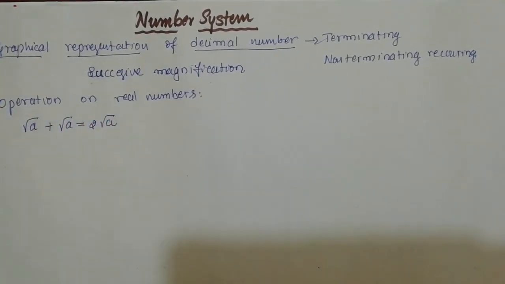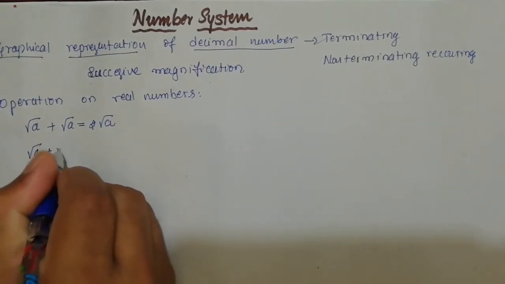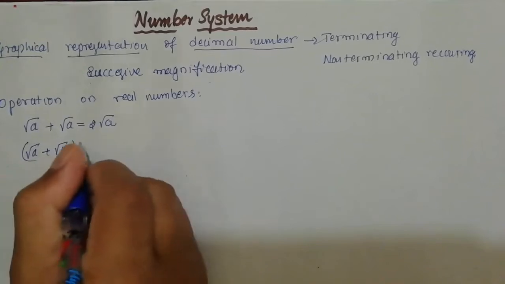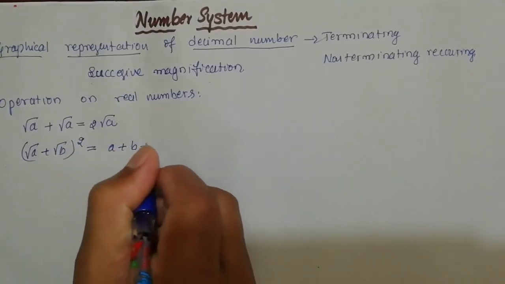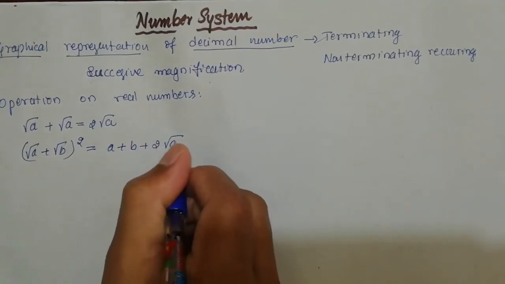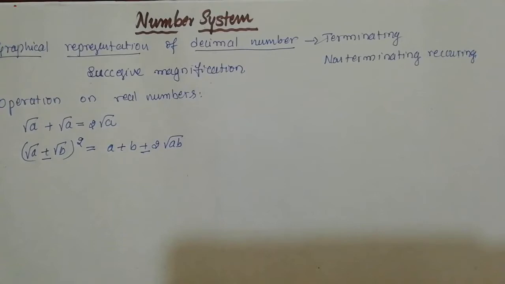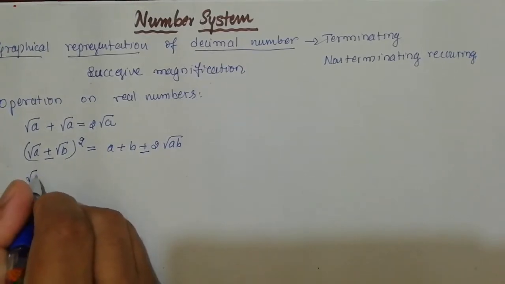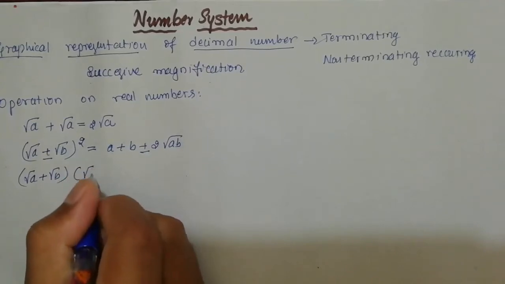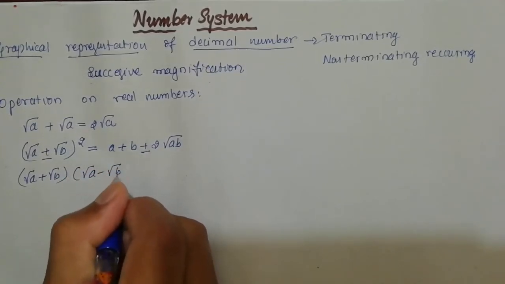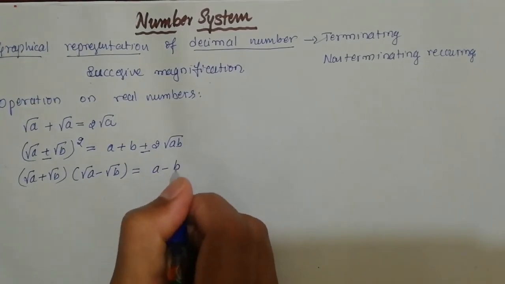Just recall the formulas. Root a plus root b whole square can be written as a plus b plus 2 into square root of ab. If it is minus, then it will become minus simply. Then root a plus root b into root a minus root b is of the form a plus b into a minus b, so it will become just a minus b.